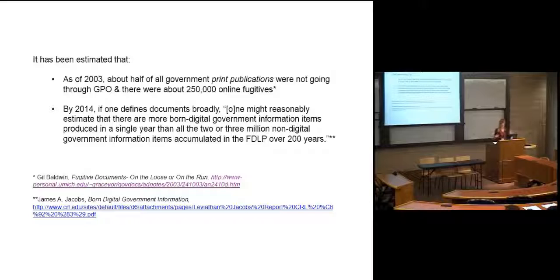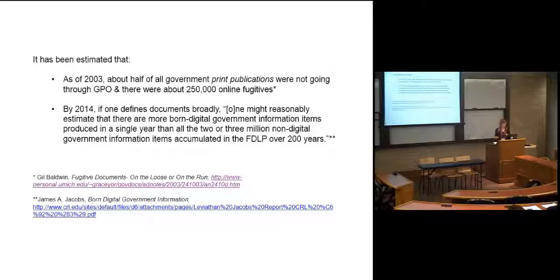I have just two quotes because it's kind of hard to estimate how many of these documents there are. The first estimate was taken from an article in 2003, which said that as of 2003, about half of the print publications were not going through GPO, and there were probably about 250,000 online fugitive documents.